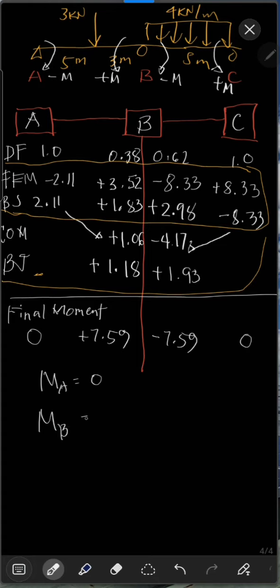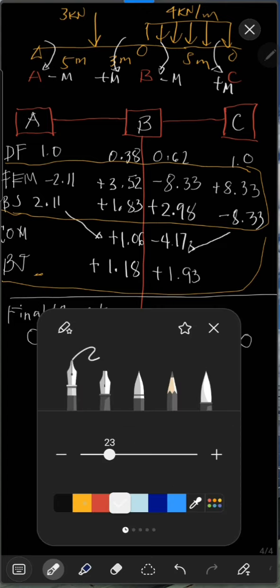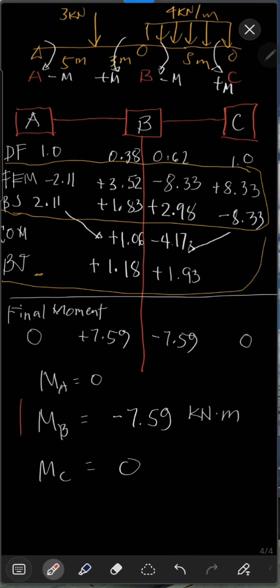Moment at B is negative 7.59 kilonewton meter. Moment at C is equal to 0. Okay?